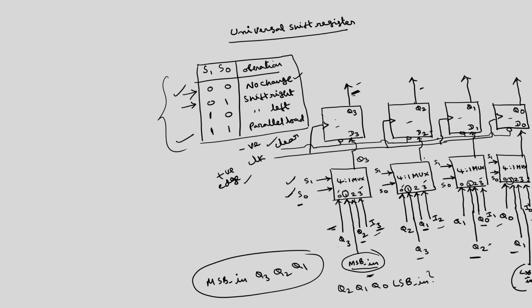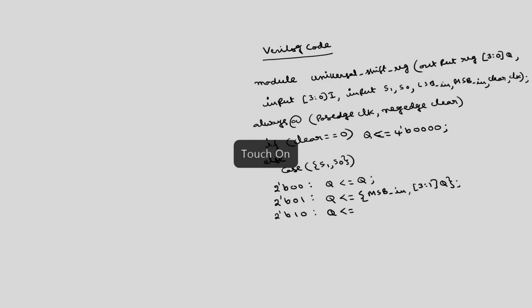You have to give in this order: Q is {Q[2:0], LSB in}.